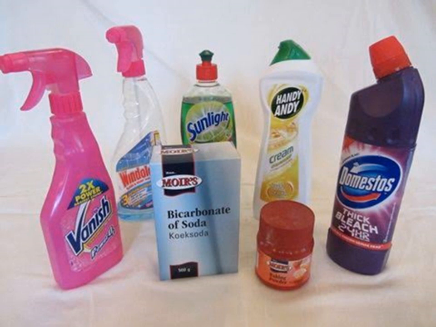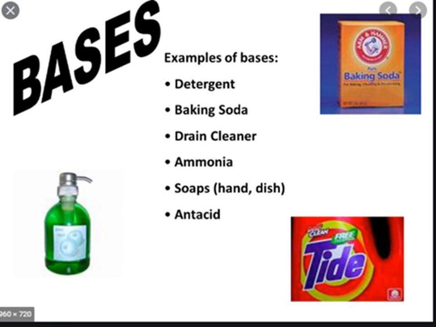Then again, here we are seeing some examples of bases, that is detergent, baking soda, and drain cleaner, which is also basic. Then ammonia is also basic in nature. What is ammonia?